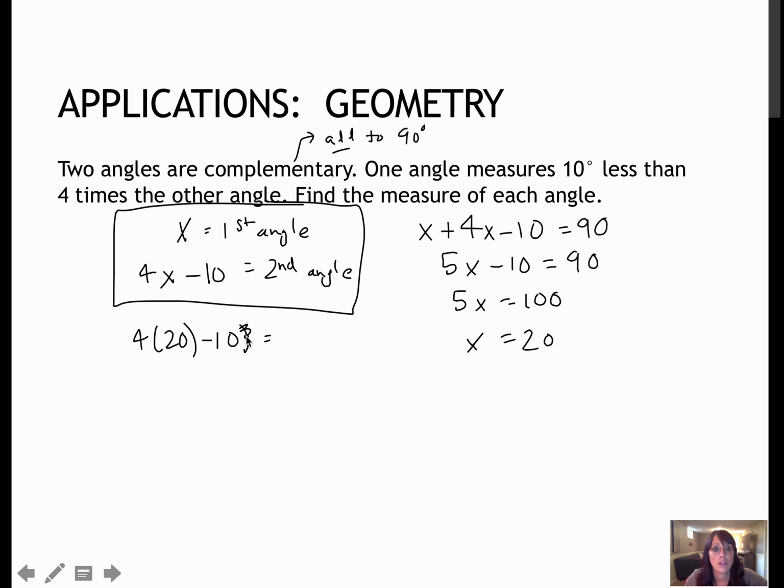So 4 times 20 is 80. And then of course minus 10 is 70. Whenever you're dealing with a story problem like this, you should always end with a sentence. So I'll write the sentence. The 2 angles are 70 degrees and 20 degrees.